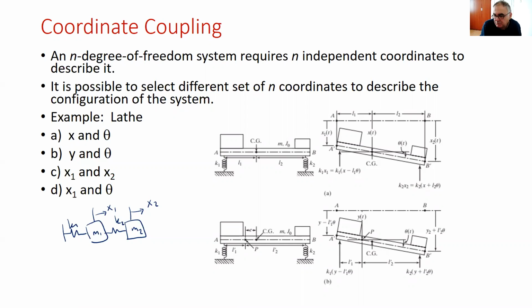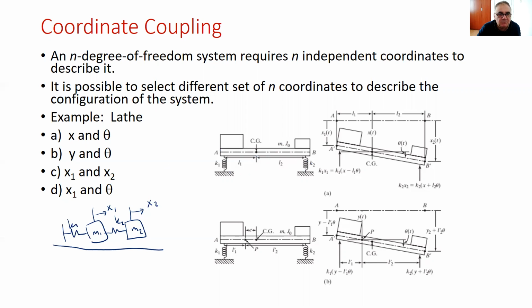But if you have a simple system like the one at the bottom that has two masses, it's pretty straightforward. You have x1 and x2 as coordinates. That's no problem. But in some systems, different coordinates might be used to describe the same system.